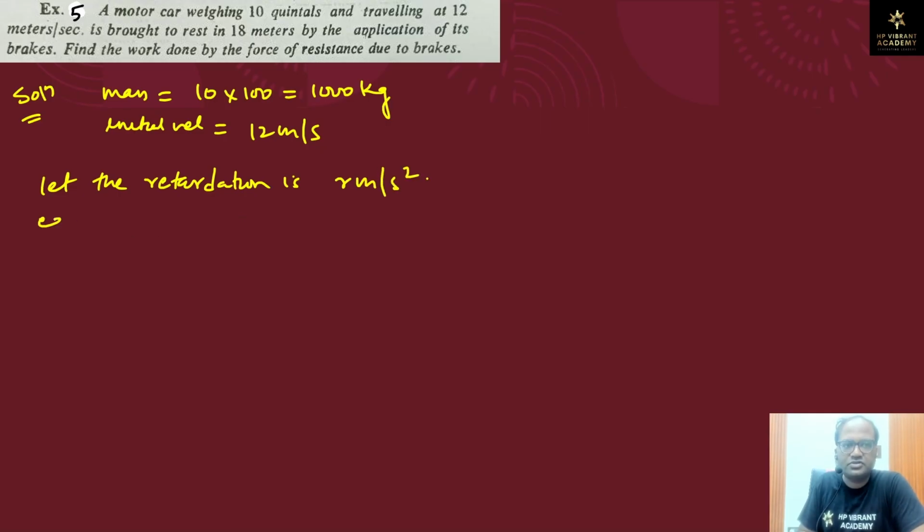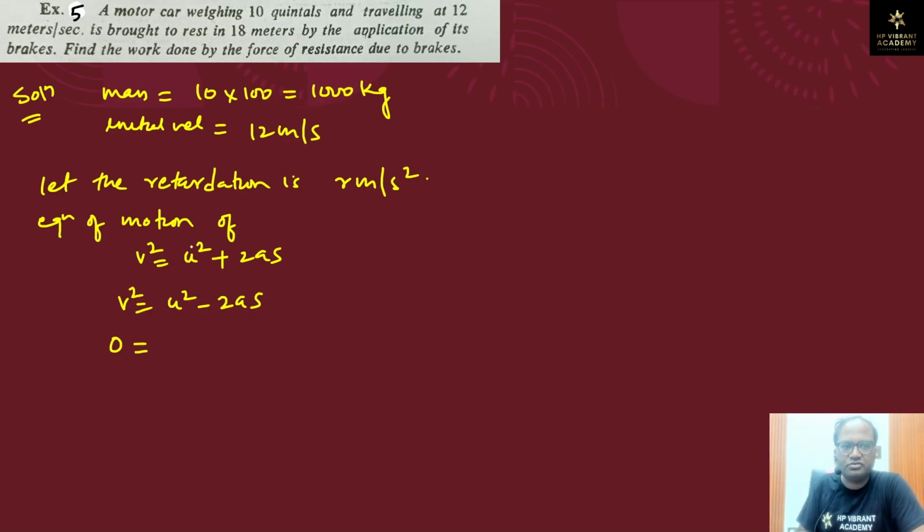Okay, so we have the equation of motion: v square is equal to u square plus 2as. Since there is retardation, we have a negative sign here. So v square is equal to u square minus 2as. Since it is stopped by the application of brake, the final velocity will be 0.